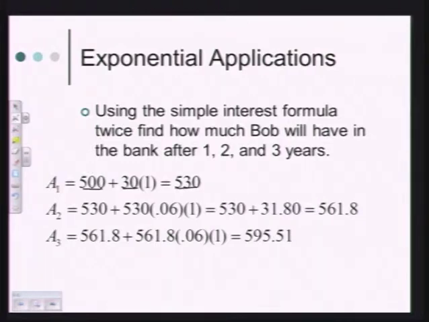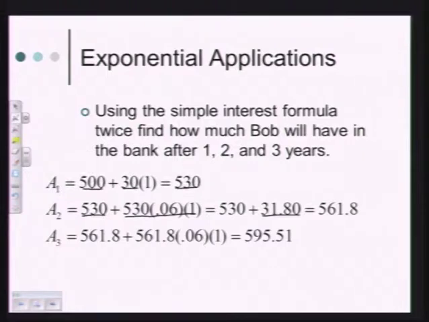But now remember, the principal is no longer going to be $500 because he's demanded that he be paid interest on the entire amount of money they owe him, which is $530. So at the beginning of the second year, he has $530 in principal. Now, we calculate his interest based on $530, and it'll be $31.80.